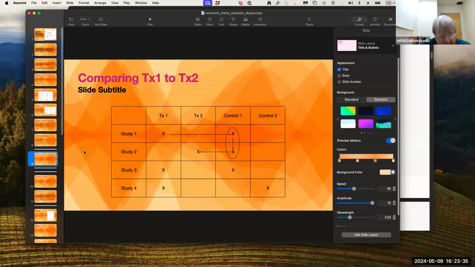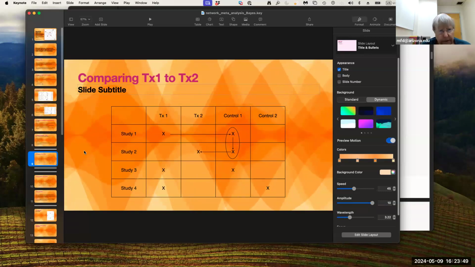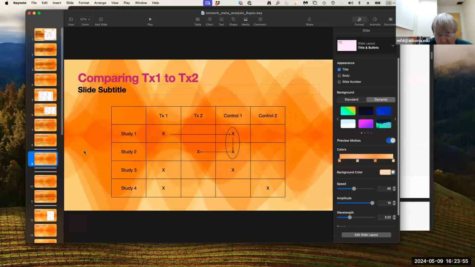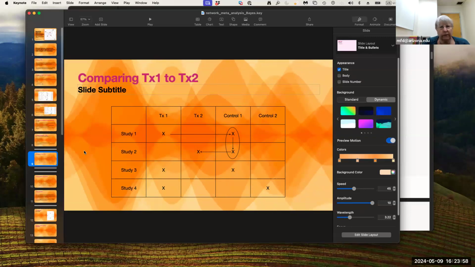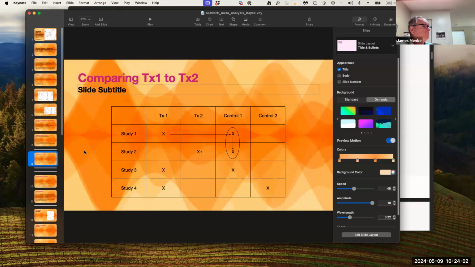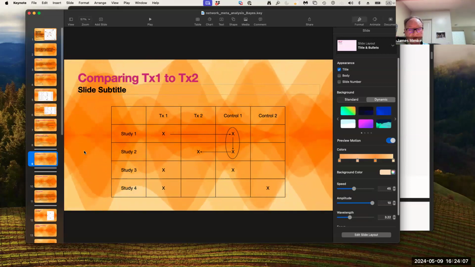So study 1 and study 2 have treatment 1 and treatment 2. They both have control groups. To be super simple, you're able to compare treatment 1 to treatment 2, as long as the control groups are similar.